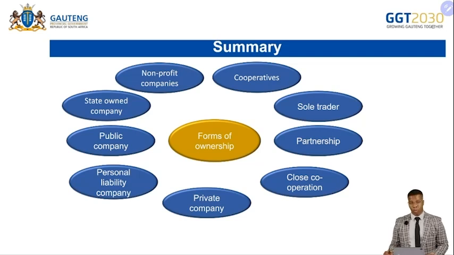We looked into defining each form of ownership. We also looked into the characteristics and the advantages and negatives of each form of ownership. And we also looked into how these forms of ownership can contribute towards success and failure, considering the 5 criterias, which are your management, your capital, tax implication, division of profits, and legislation. So that was our lesson.